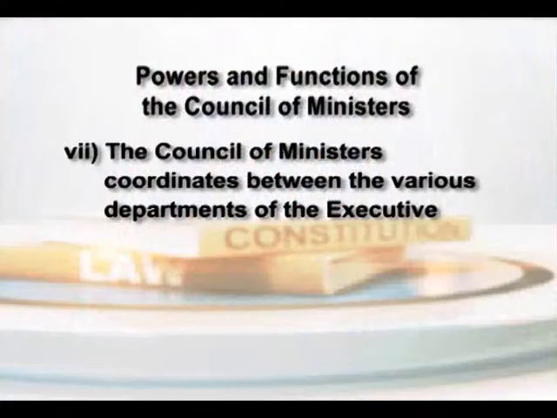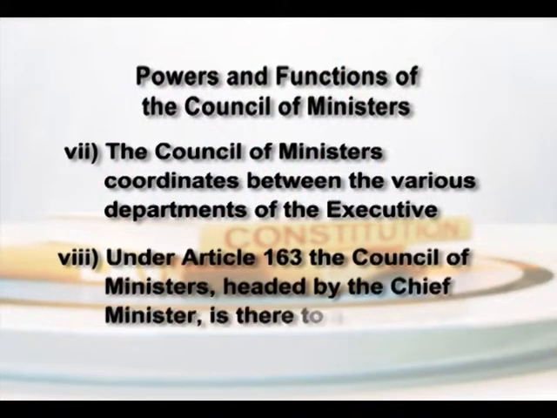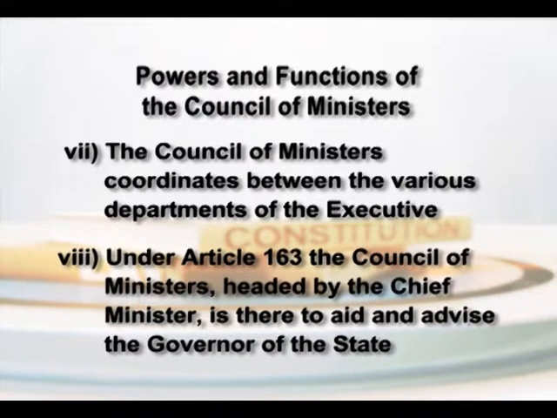If contradictions and inconsistencies exist between the various departments of the state administration, then it is the duty of the Council of Ministers to resolve them. Finally, under Article 163, the Council of Ministers, headed by the Chief Minister, is there to aid and advise the governor of the state, which has been discussed at the very beginning of our lecture.